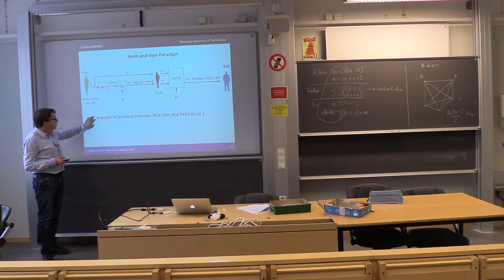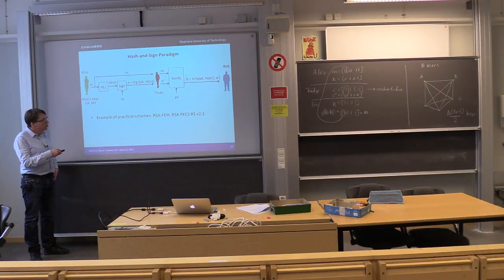An example of these practical schemes is something called RSA FDH or RSA PKCS number 1 version 2.1. Whoever invented this probably did not get a Christmas bonus, but that's what it's known as.